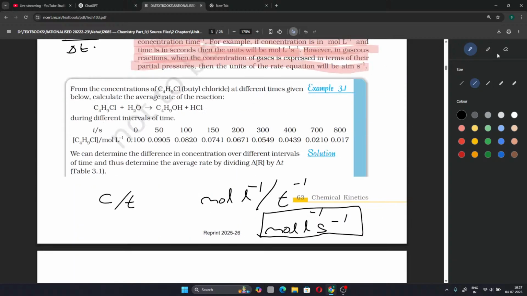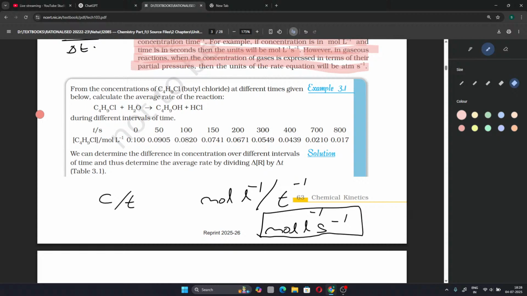Let's see the example here. From the concentration of butyl chloride at different times given below, calculate the average rate of the reaction. Butyl chloride plus H2O forms C4H9OH, basically butanol, and HCl. This is a displacement reaction.